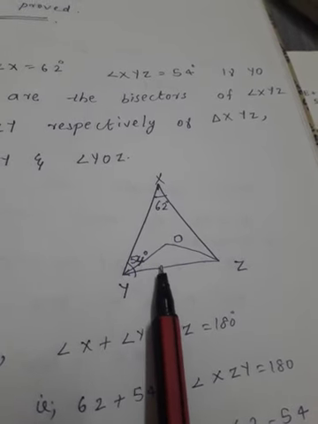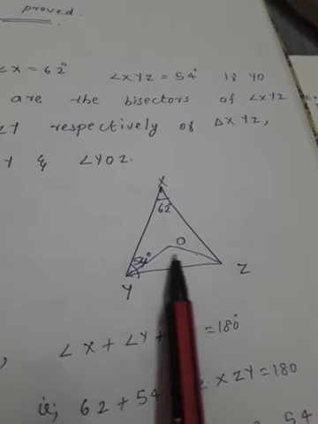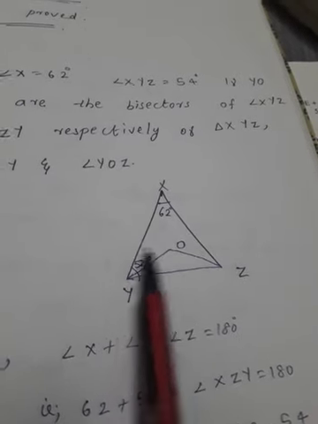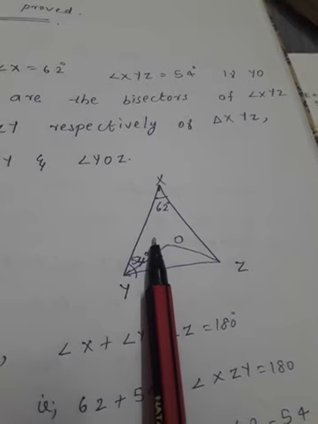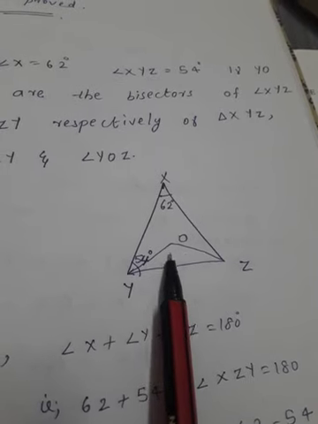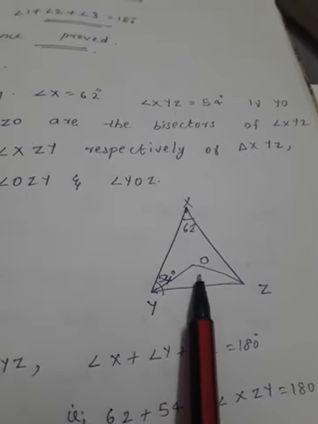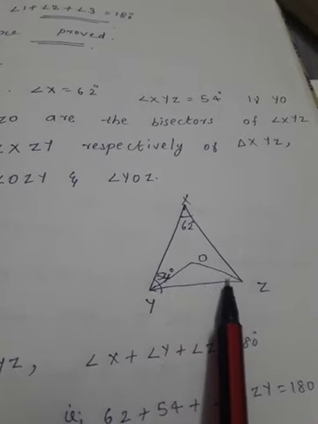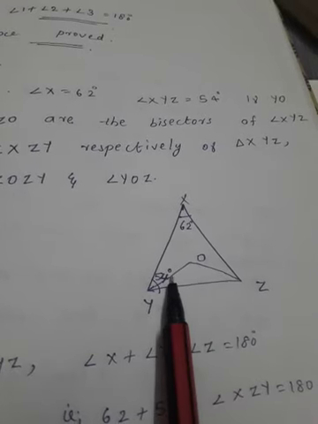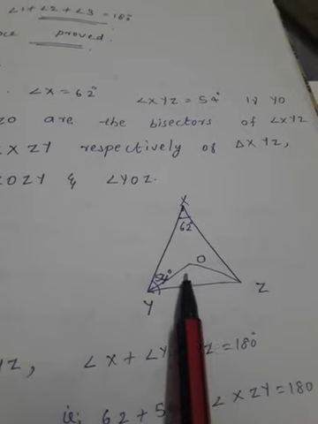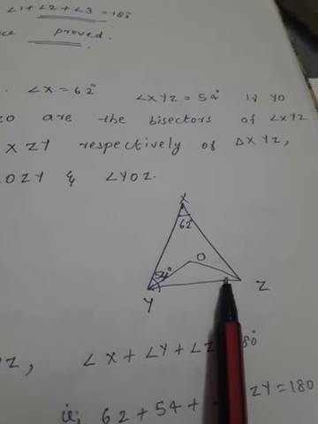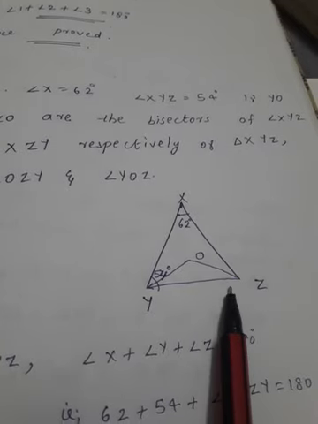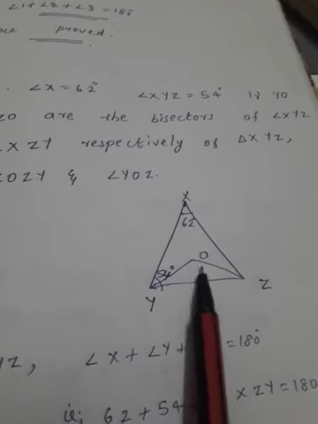Then this half and this half, OYZ and XYO, will be half of 54. Okay. So we need to find this angle OZY, and this vertex angle YOZ. These two we need to find.